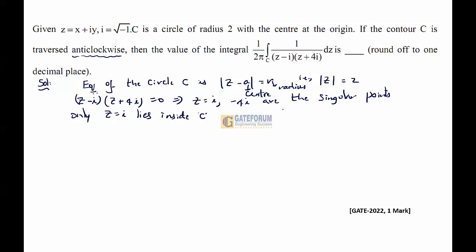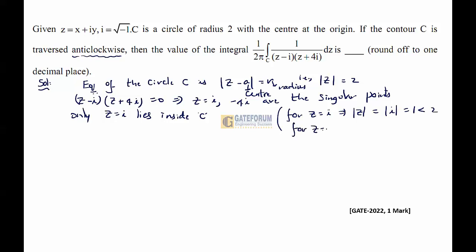Or without a diagram, for each singular point, substitute in the curve equation. Whenever the left hand side value is less than the right hand side value, the right hand side meaning the radius, then the singular point lies inside C. Whenever the LHS value is greater than the RHS value, then the singular point is outside C. This is mod z, the left side value. Now mod i value is 1, which is less than 2.